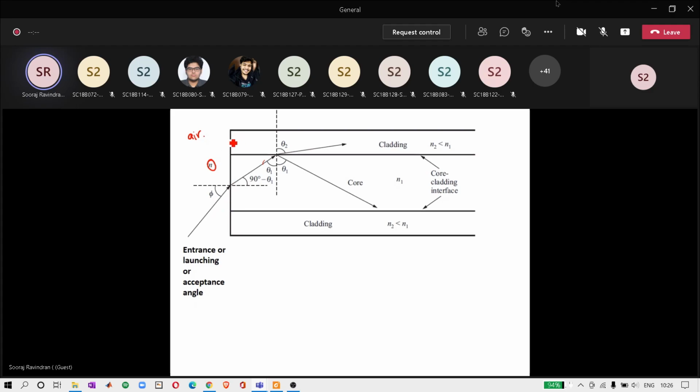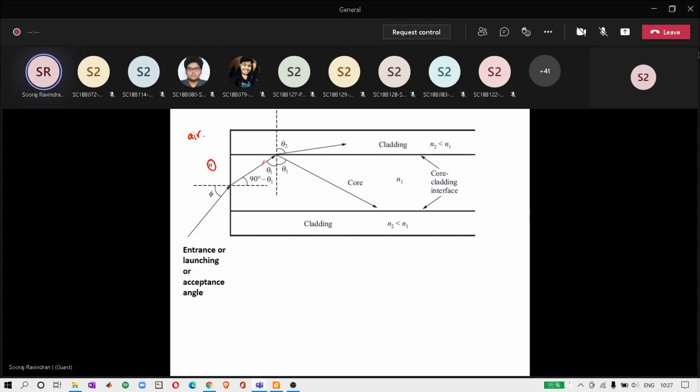So this is an interface, right? Here is air and here is silicon dioxide. This is the core of the optical fiber, which has a refractive index of n1. Let's assume you are launching the ray at an angle phi, and it gets refracted. It strikes this interface at an angle, let us assume, theta 1. So you have a triangle here.